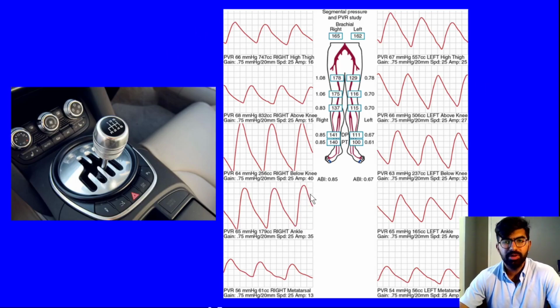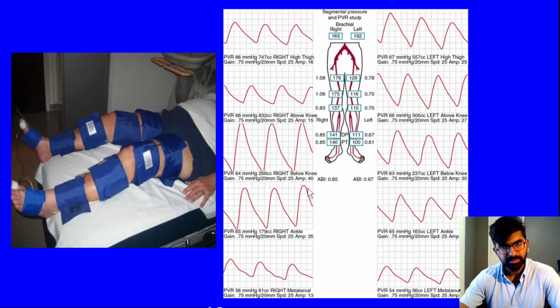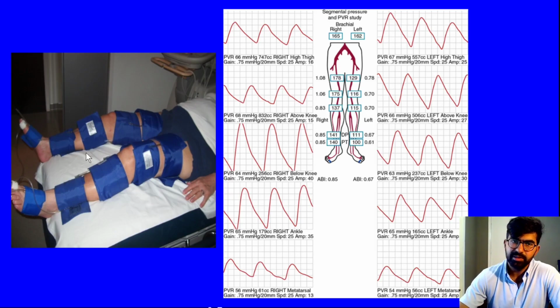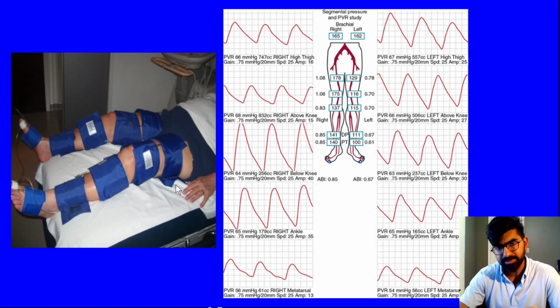And just like we broke it down with the Doppler waveforms, we're going to break this waveform down. The way you obtain it is really putting blood pressure cuffs along different segments of the legs. And what this measures is the change in volume. Okay, so you're going to have to think about that a little differently. It's a change in volume as you undergo the cardiac cycle.